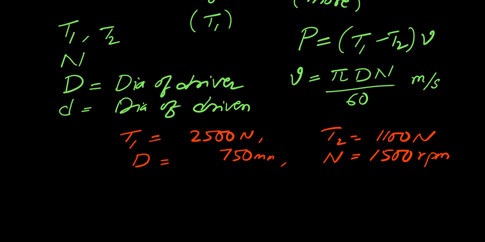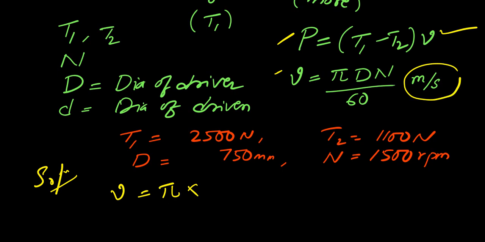So the solution will be, as we have already discussed both the equations. Here T1 and T2 are both known to us, and we only have to calculate the sliding velocity. So V is equal to pi, D value is 750. The unit will be meter per second, and here it is given in millimeter, so you have to convert into meter.